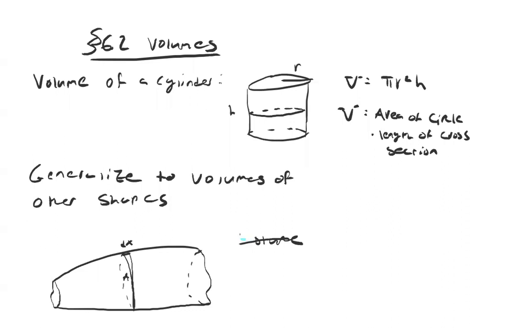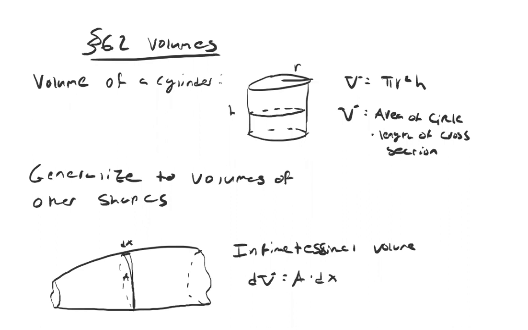So because the area doesn't change, I can assume that it's constant. Then I have the infinitesimal volume, dV, which is the area of this thing times the length of the cross section, dx.